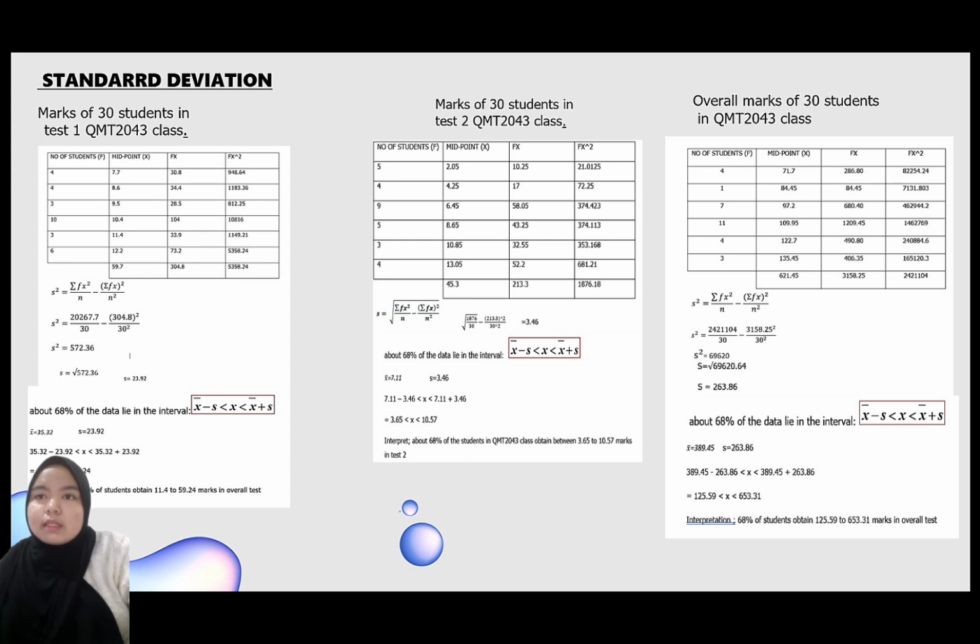So the answer is 125.59 less than x less than 653.31. The interpretation is that 68% of students obtain 125.59 to 653.31 marks in the overall test.